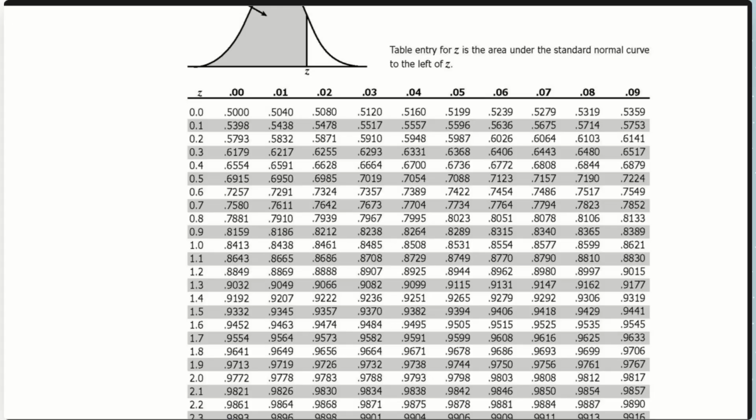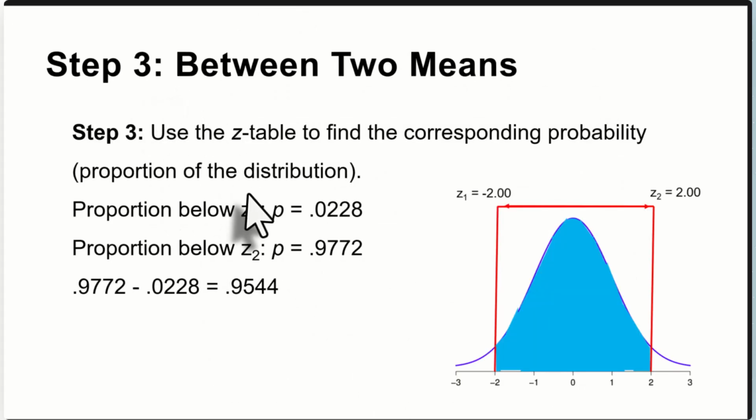So what we understand is that the proportion or probability below a z-score of 1 is 0.0228. That describes this area right here.